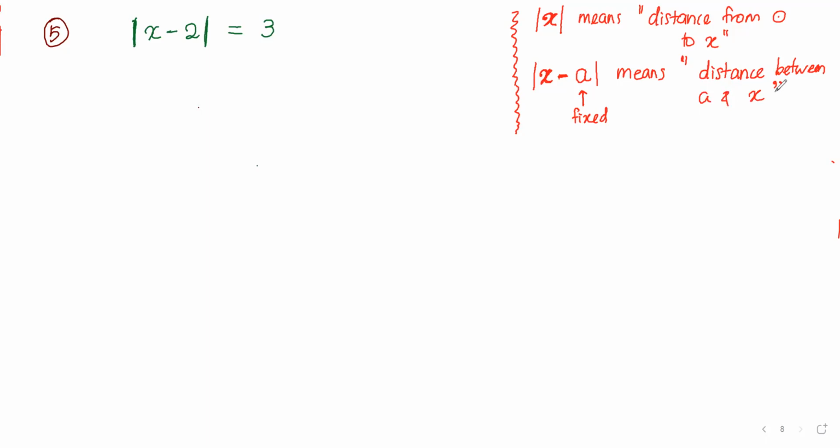So if I translate this into words, what I'm saying is: show me all the numbers x so that the distance between x and 2 must equal 3. Can you show me all such numbers on the number line?